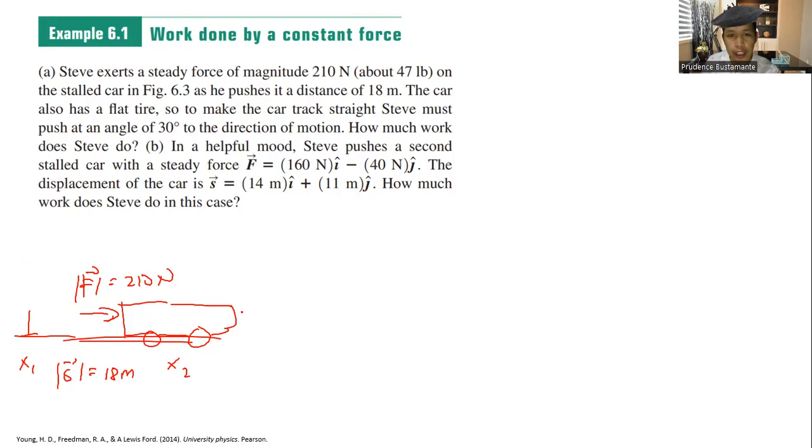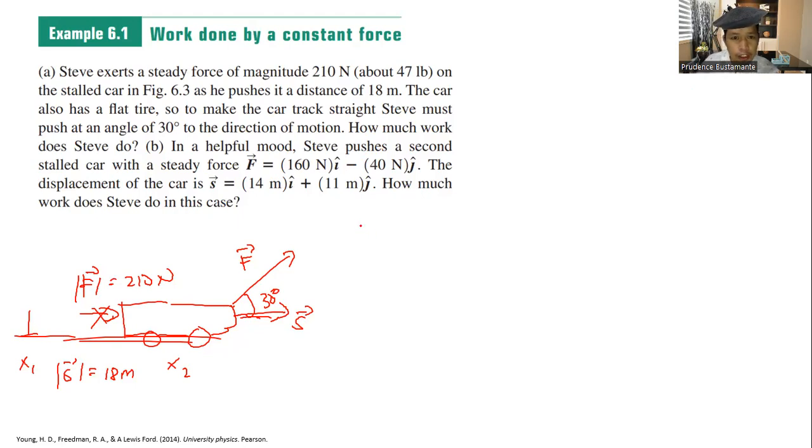To make it move in a constant direction, a straight line motion, you need to apply a force that makes an angle of 30 degrees with the direction of motion. So if this is the direction of motion, your force must be at a 30 degree angle from it. The question now is, how much work does Steve do? That's the question for letter A.